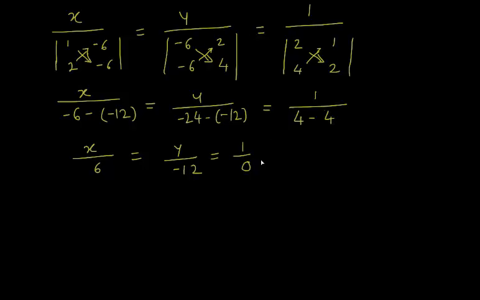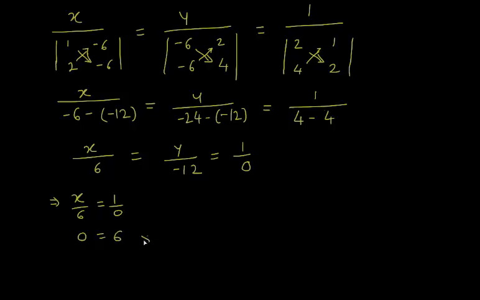So we got the denominator as 0. Now if you take the x term and the constant term, we'll get x upon 6 is equal to 1 upon 0. That means, cross multiplying, x into 0 will be 0, is equal to 6 into 1, that is 6.